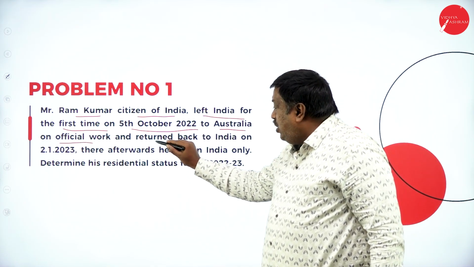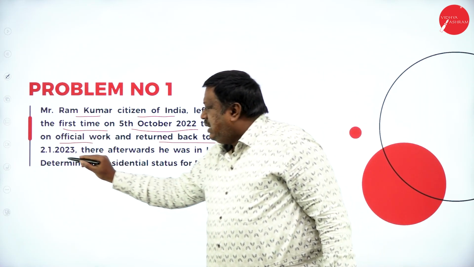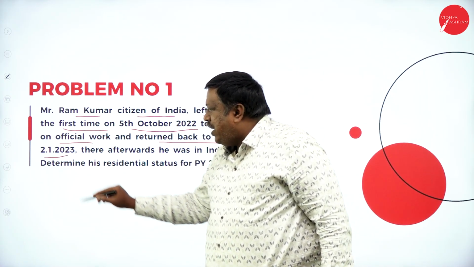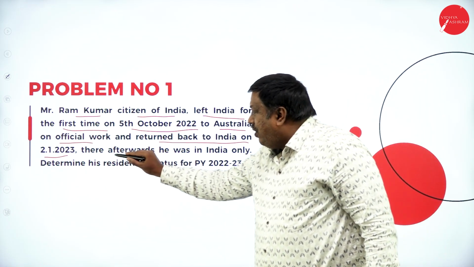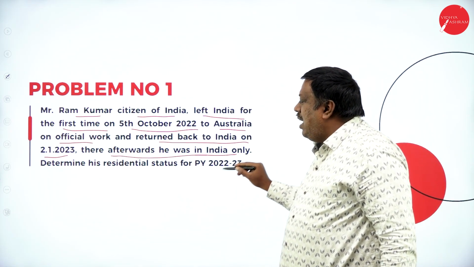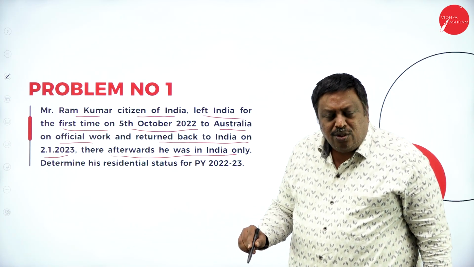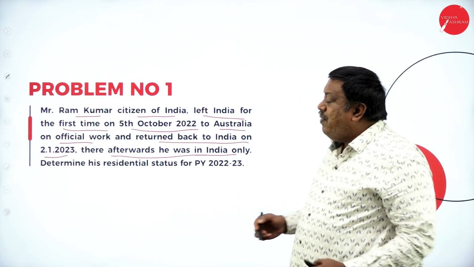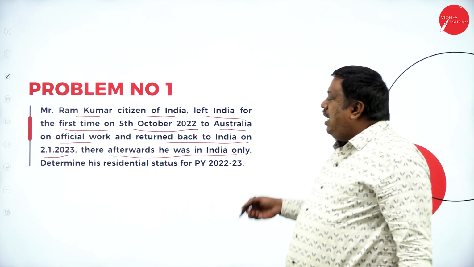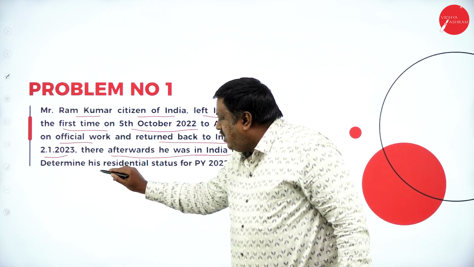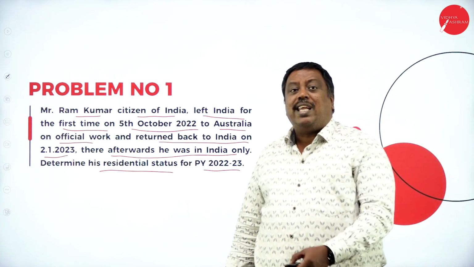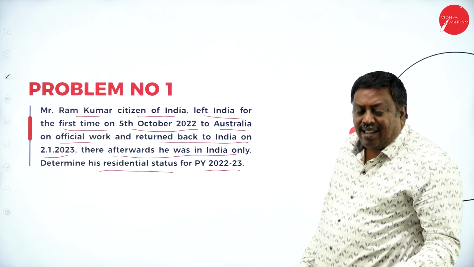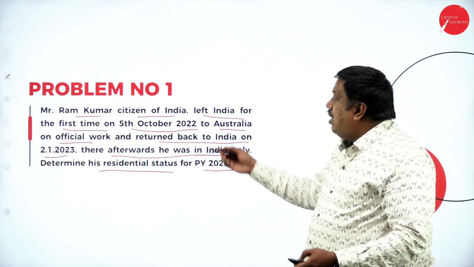I returned to India on 2nd January 2023 after completion of my work, and thereafter I stayed in India during the previous year. What is my residential status for 2022-23? How do we determine the residential status of Ram Kumar?